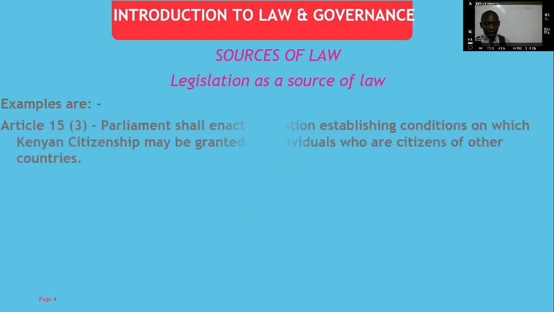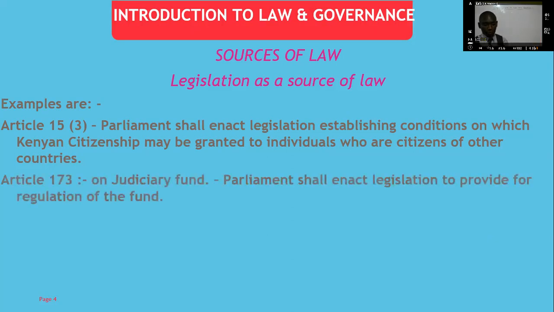Now, some examples are Article 15(3), which says that Parliament shall enact legislation establishing conditions on which Kenyan citizenship may be granted to individuals who are already citizens of other countries. So in this case, the Constitution specifically places a responsibility on Parliament to create a law that provides for people who are already citizens in other countries to see how they're going to become citizens of Kenya.